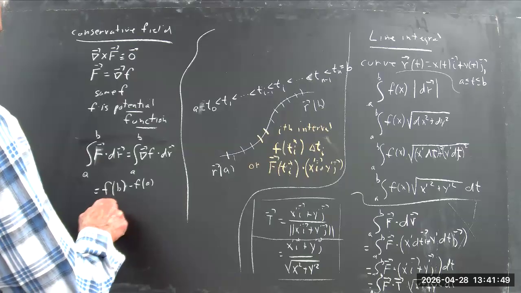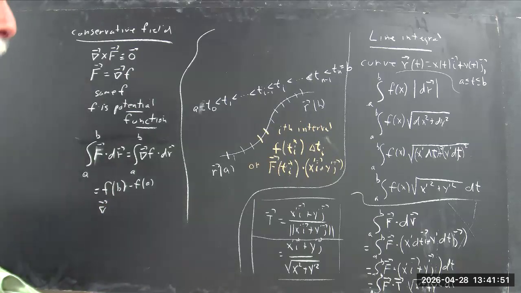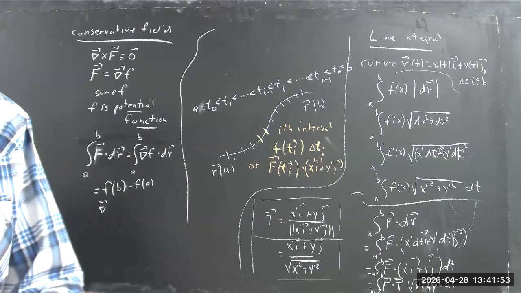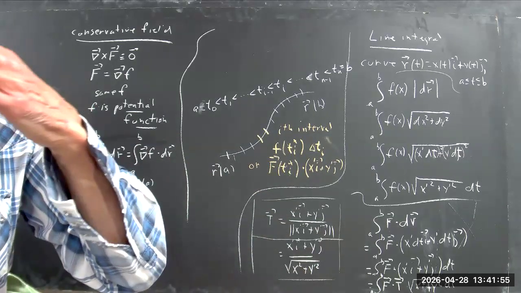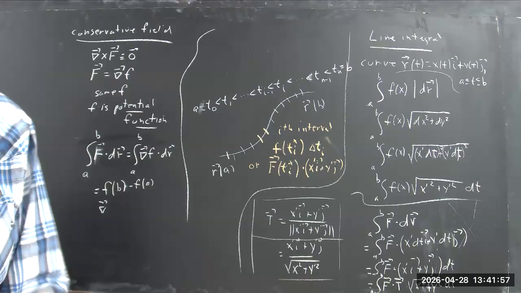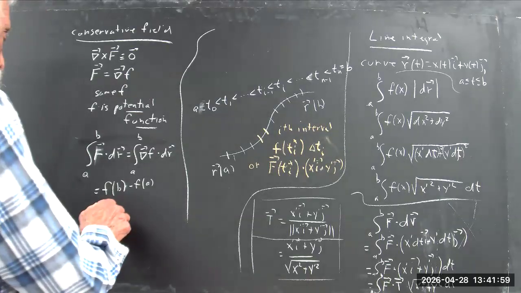Your book says it nicely. Other places say it nicely. Ask, in what sense is del f an antiderivative of a vector field?